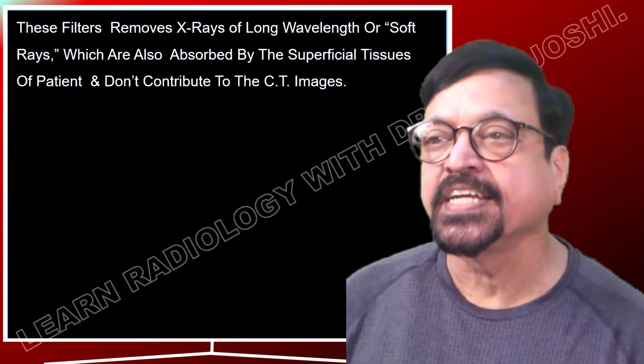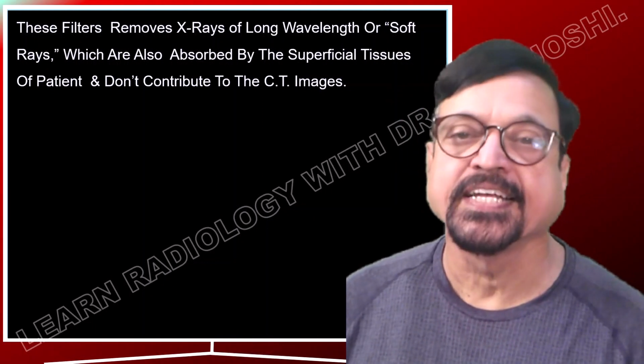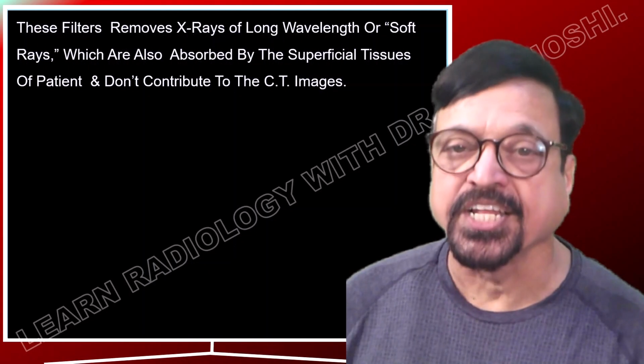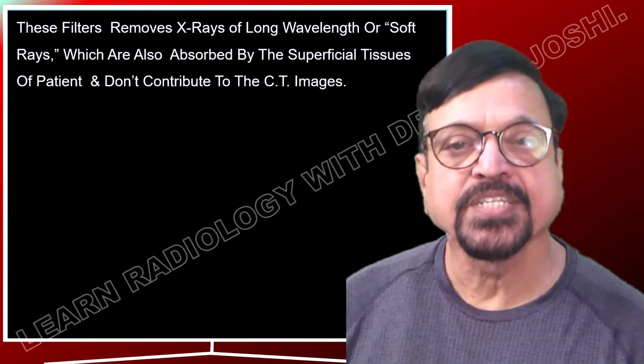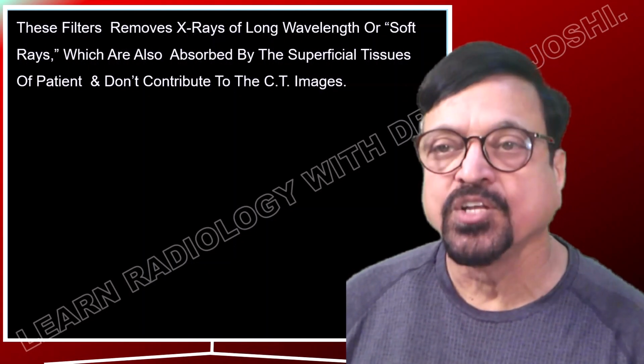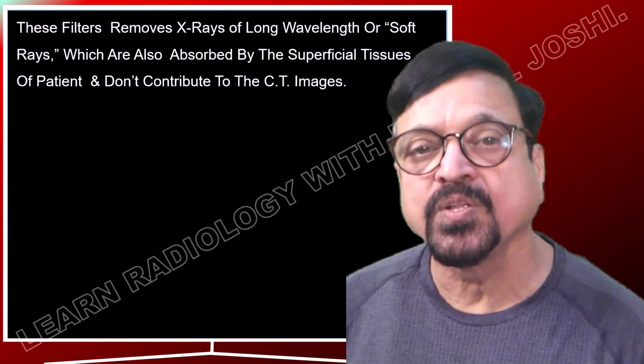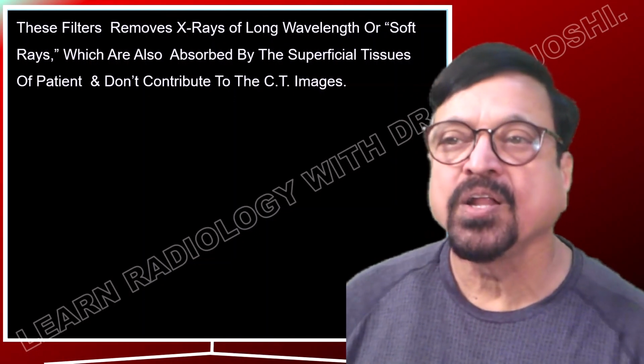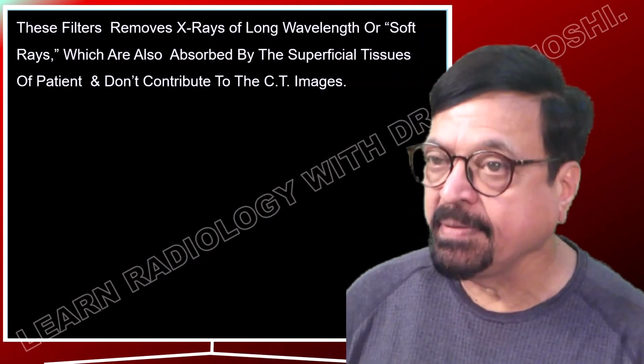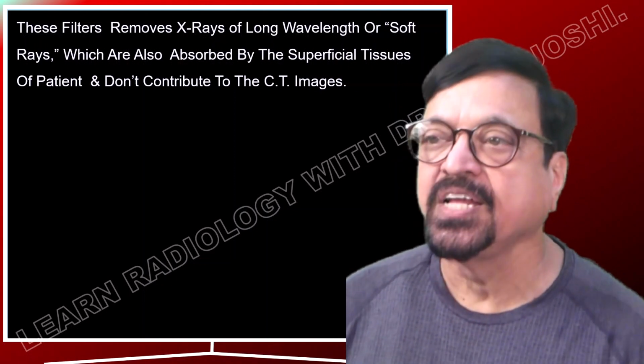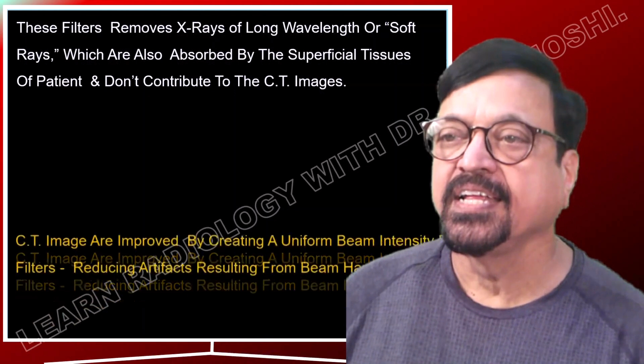These filters remove X-rays of long wavelength, or soft X-rays, because they don't contribute to image formation. If they are there, they just produce scatter or become noise. So we do not want these X-rays of low penetration or low energy to form the images, because we want a sharp image free of artifacts.